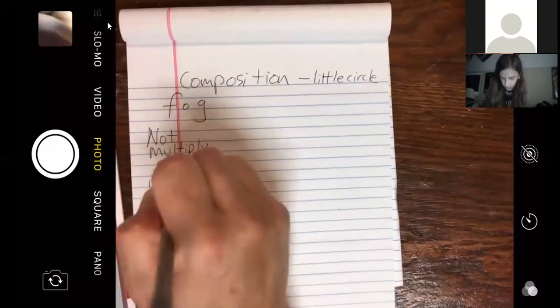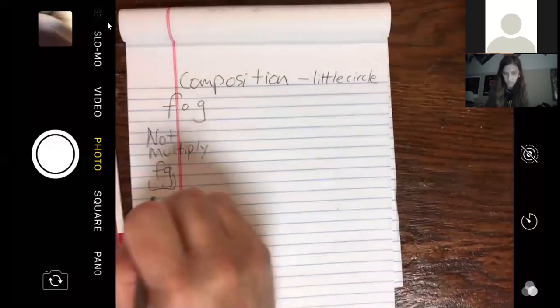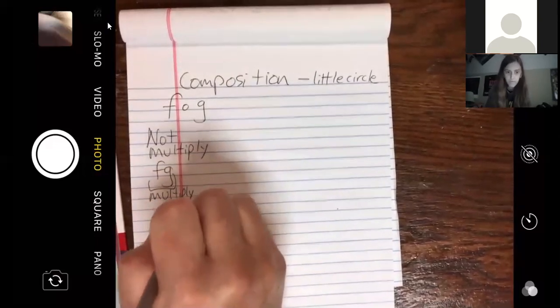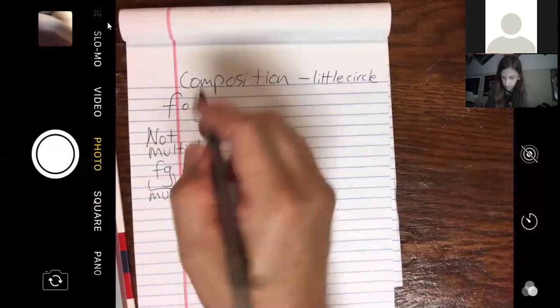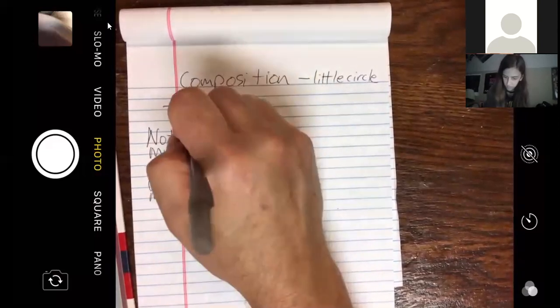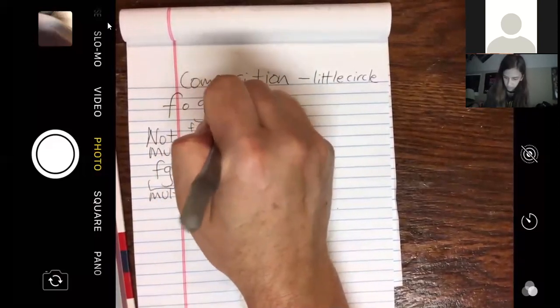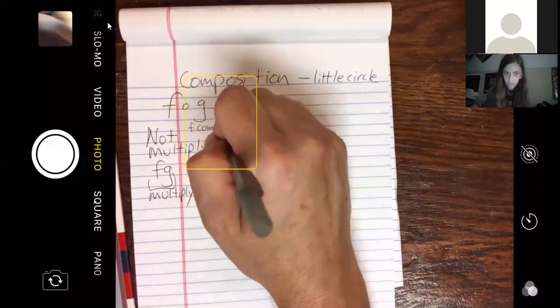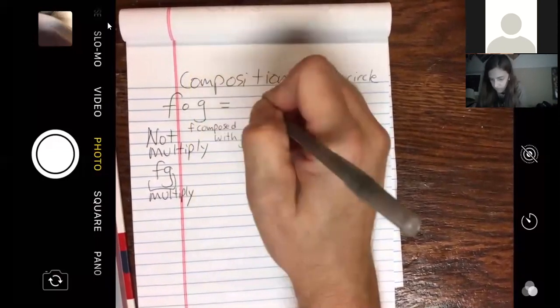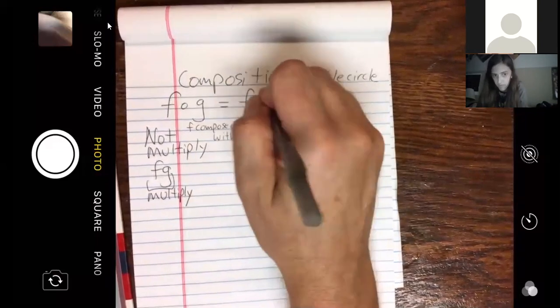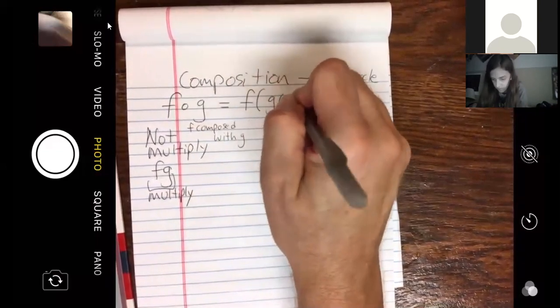They'll use nothing between them. This is multiply. What they mean is, it's read F composed with G. And they really mean f, and put parentheses, g of x.